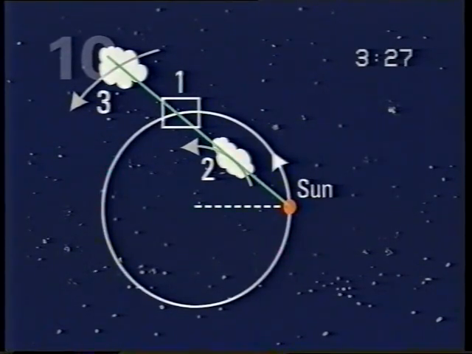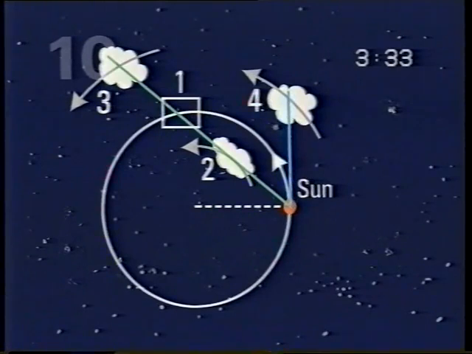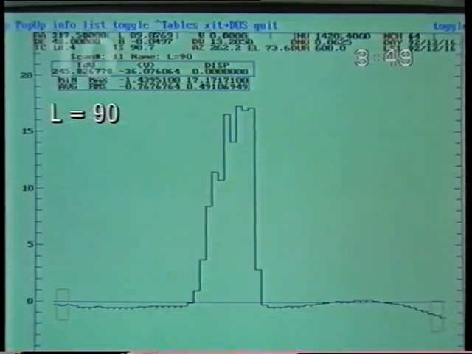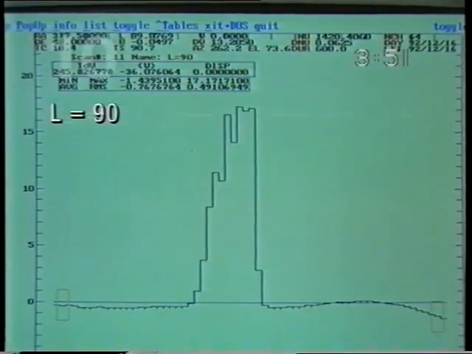Whereas we're catching up, cloud 3, decreasing distance, blue shifted. The blue line shows the direction of the longitude of 90 degrees, which corresponds to the direction that we're travelling in. So we're closing in on the cloud shown as number 4. And the observations do indeed show a marked blue shift.